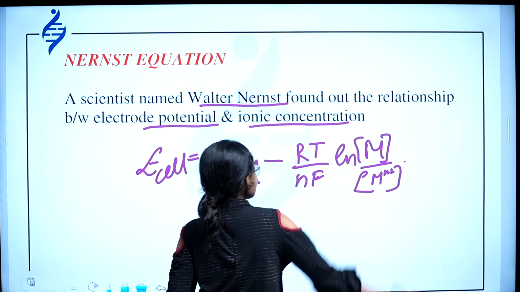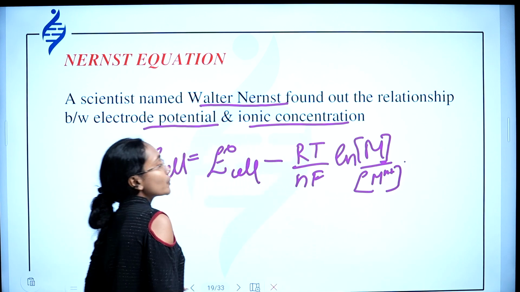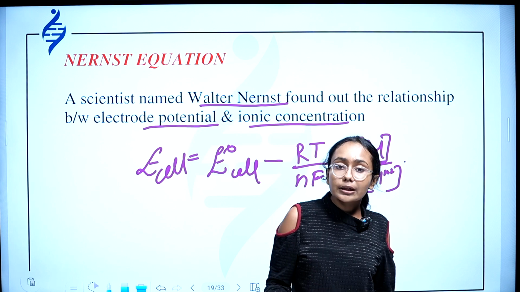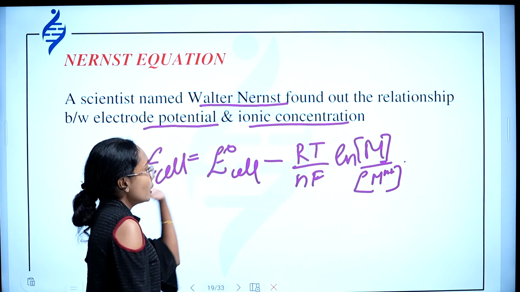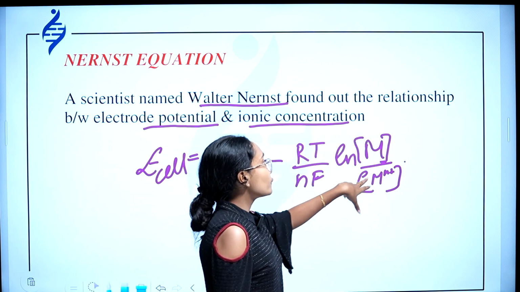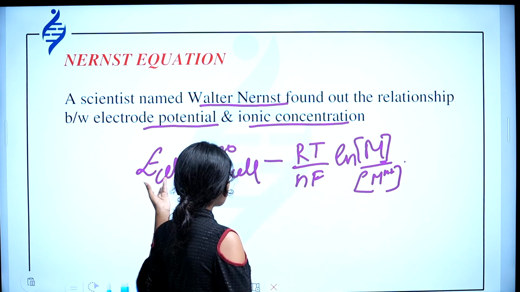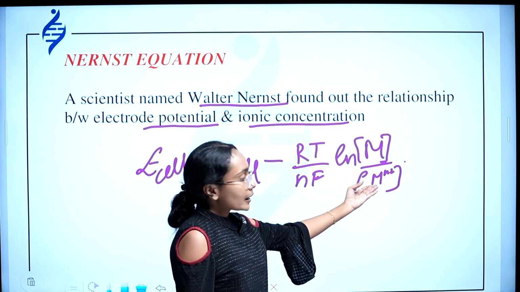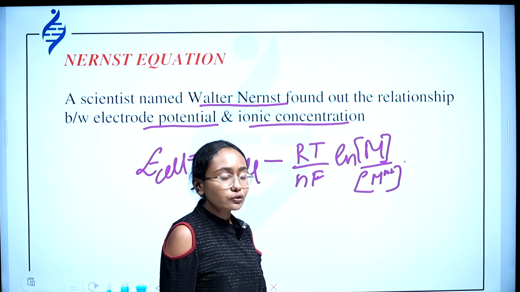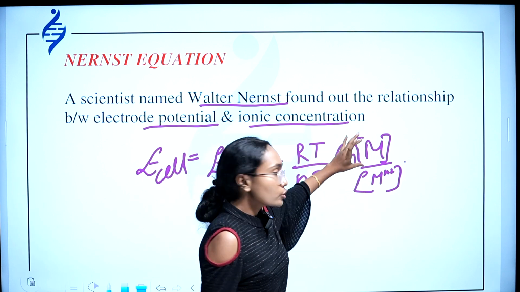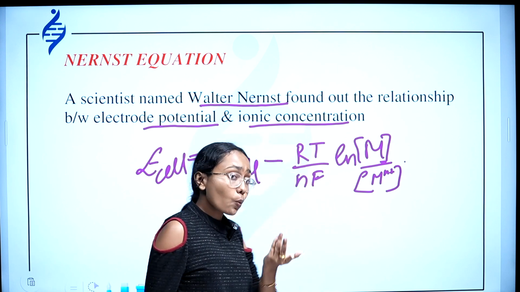This is the equation found by Nernst relating electrode potential E cell and the concentration of the electrolyte Mn+. The concentration of the metal M in the numerator is taken as 1.